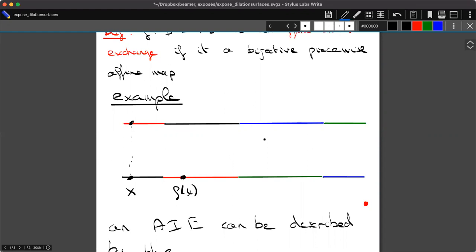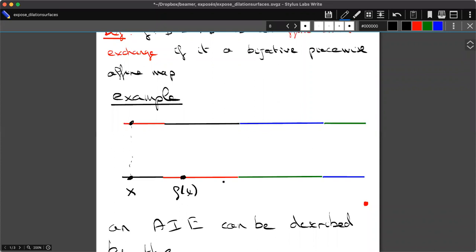So it's just a way to define an interval exchange. If I insist a bit on this point, it's because it will be very useful when we go to the geometric side of the story. Is it clear so far how I've encoded this piecewise bijective affine map?